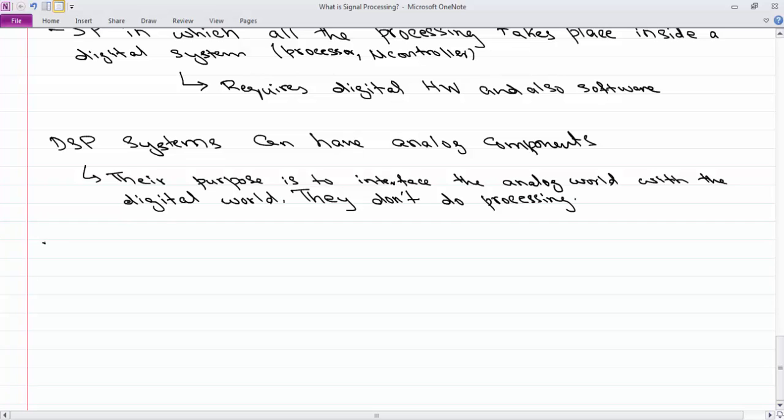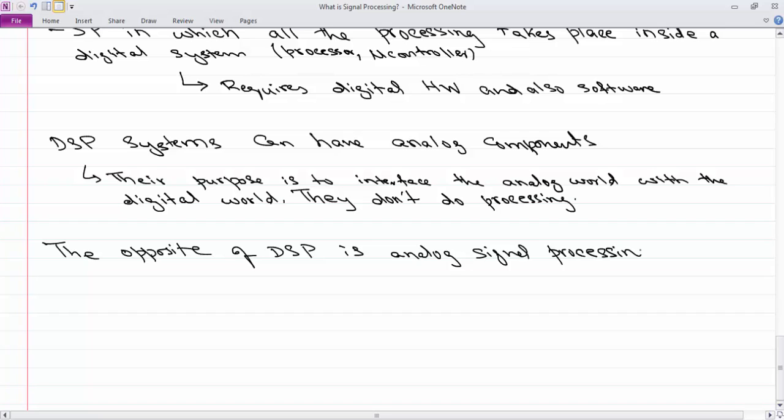Now, the opposite of DSP is analog signal processing, which involves analog components for processing. What are those components?